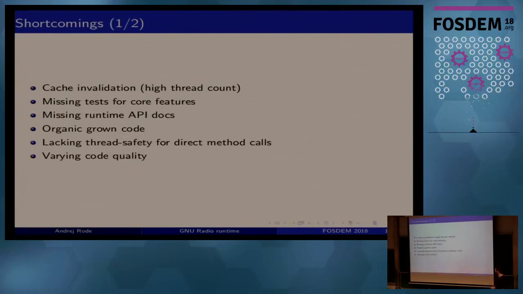So shortcomings. One thing you might notice when you run a large flow graph with a lot of sample processing blocks is cache invalidation.